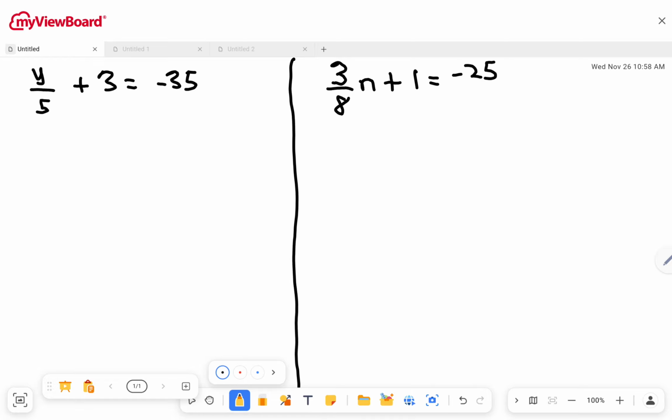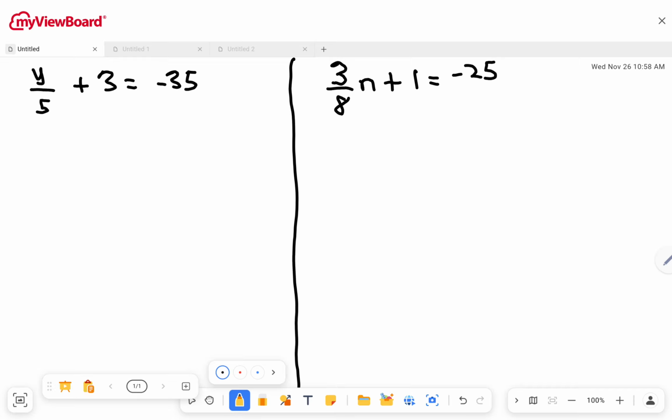So this question, we are trying to find or solve for y. We are trying to find the value of y. We have y out of 5 plus 3 is equals to negative 35. How do we solve this question?